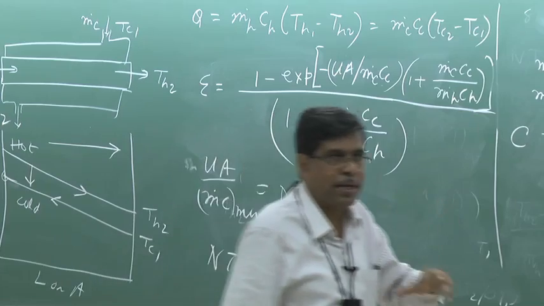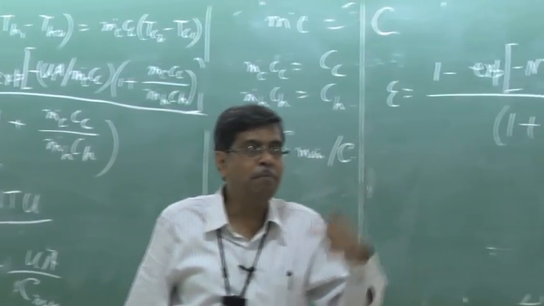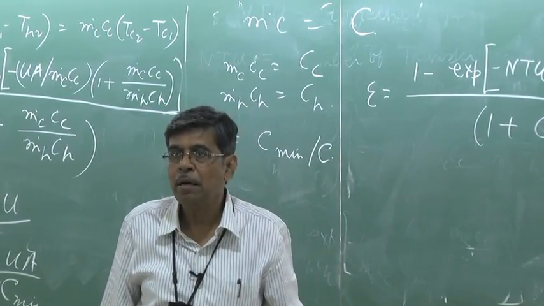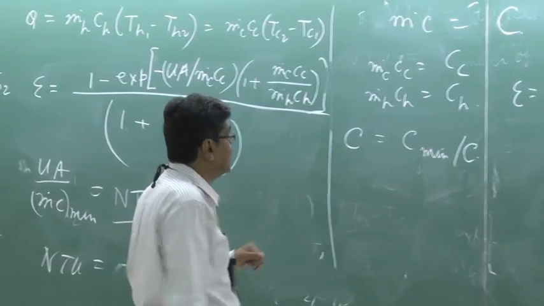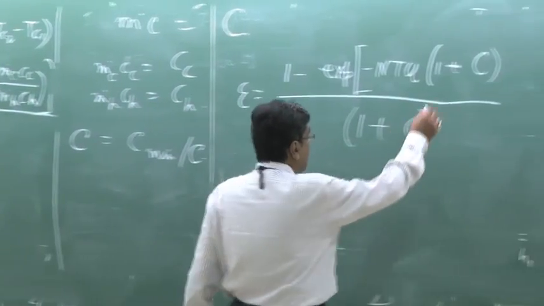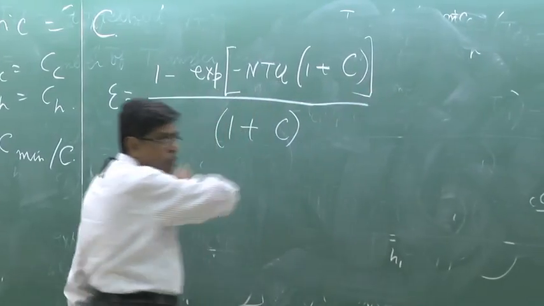What is the ratio? Minimum to the other one, that means C min by C max. So this is the expression, and it is for parallel flow.